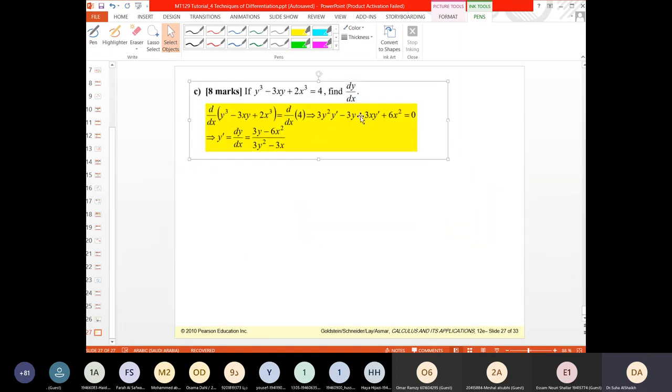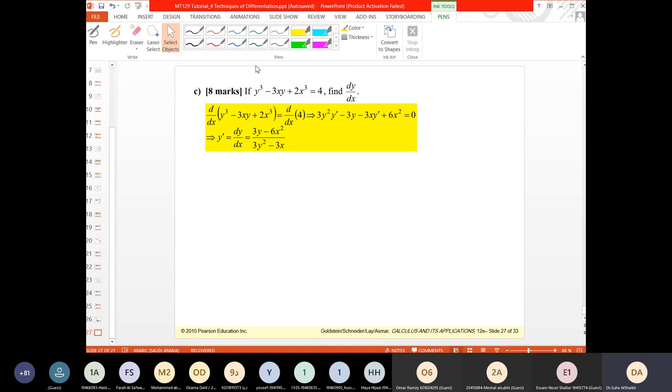Can you see the question? Yes, this is from one final exam from last year. You see, it's simple. I have y cubed minus 3xy plus 2x cubed equal to 4.